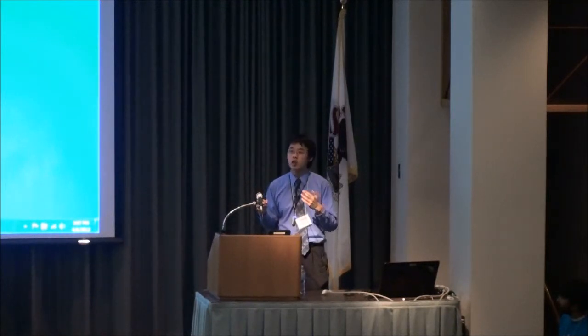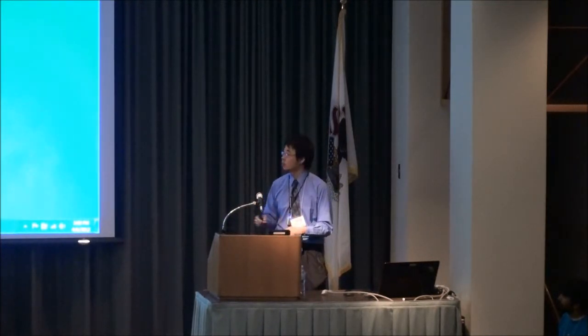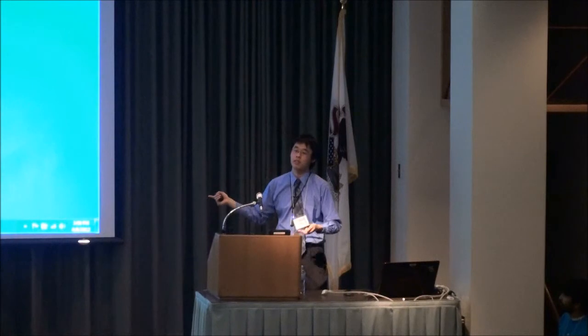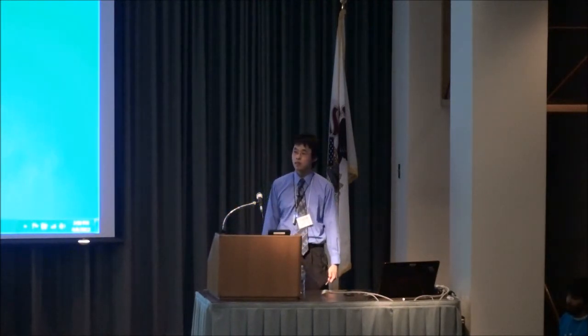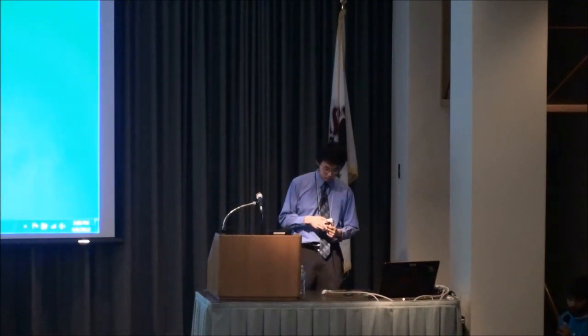There's no consensus about what is a driver mutation and what is not, and that's a very big problem. That's why we develop algorithms like this, in order to find out which mutations are the driver mutations. All right. Well, thanks a lot.